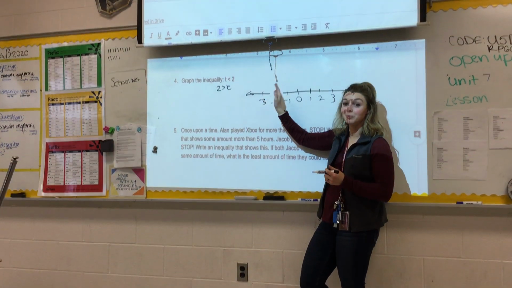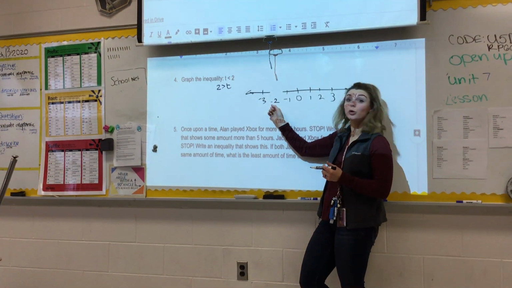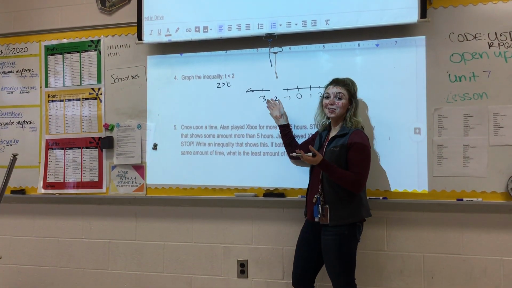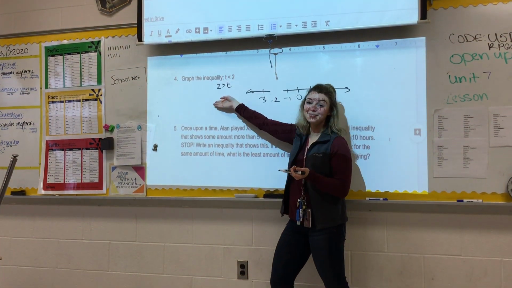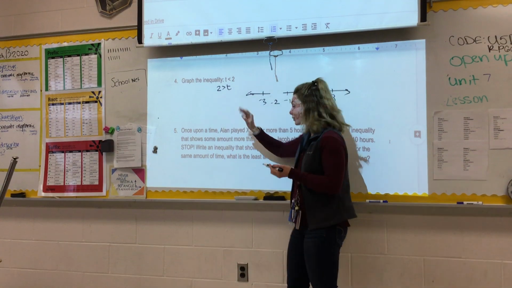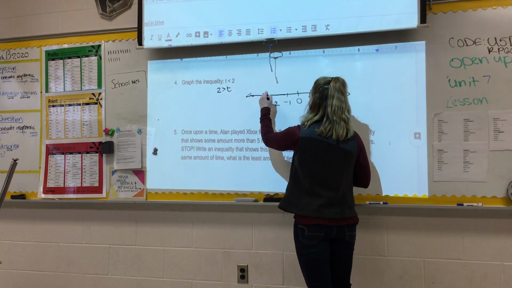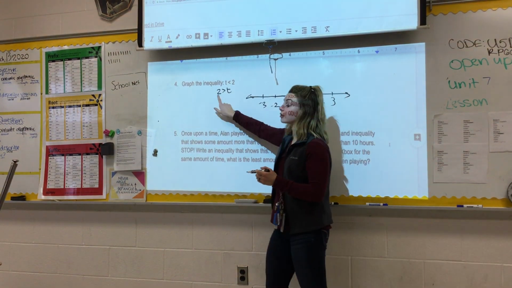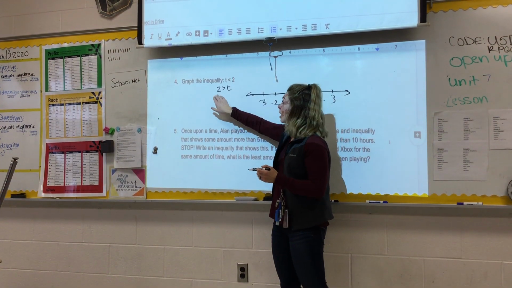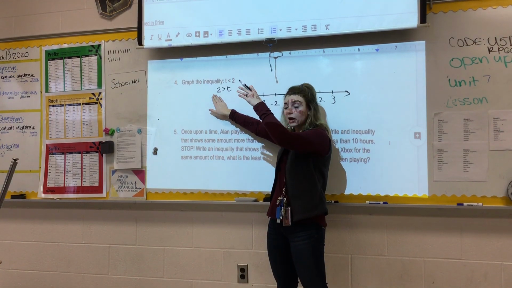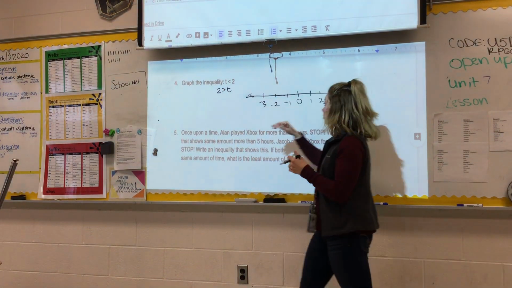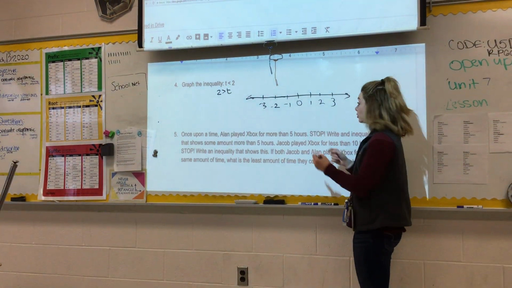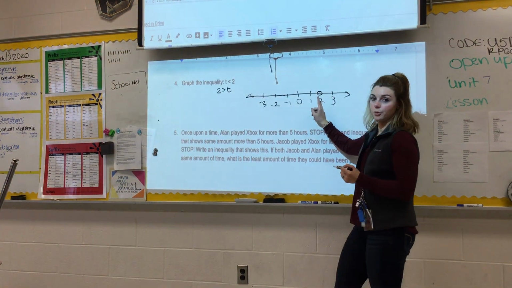I was saying 2, 2, 2, and turns out that was -2. This doesn't say -2. I stand by my open circle, but that's why you have to check what you're plotting. I was so into the negatives on the last one, but this is just a positive 2. So I'm going to come over here to the positive 2, and I'm going to do my open circle.